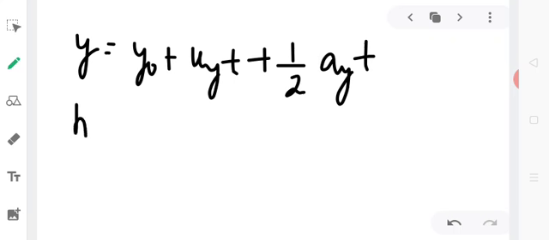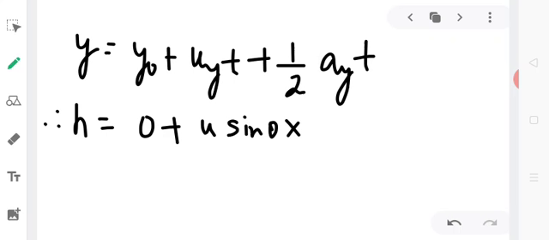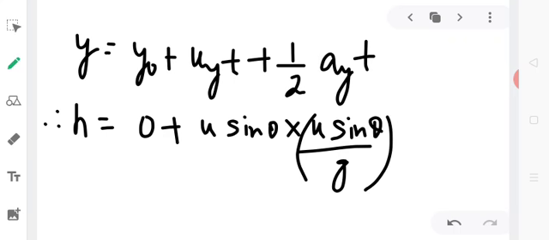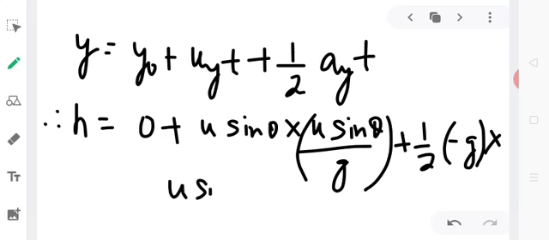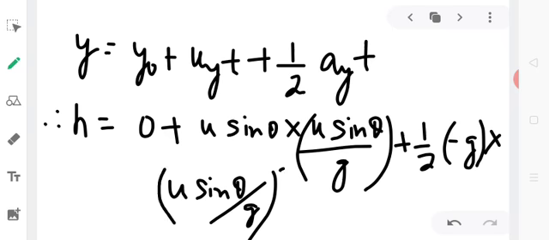In place of y you can write h, 0 plus u sin theta into u sin theta by g, I'm substituting for small t, plus half ay is minus g, and in place of t square I will write u sin theta by g whole square.